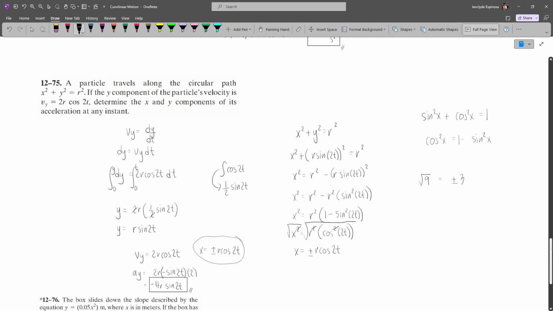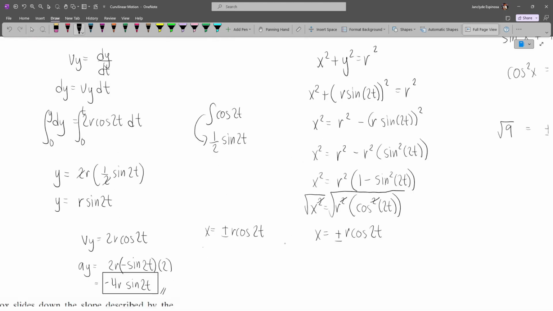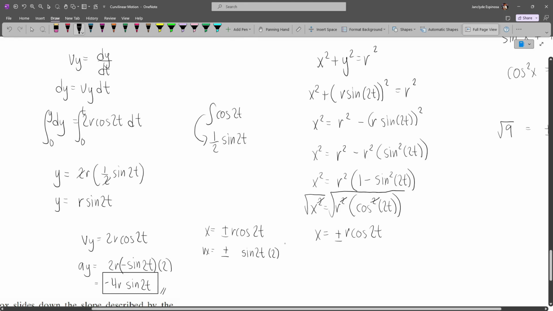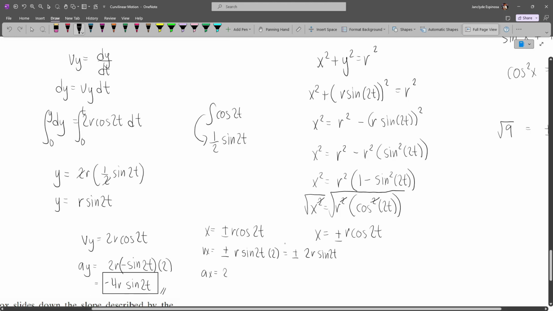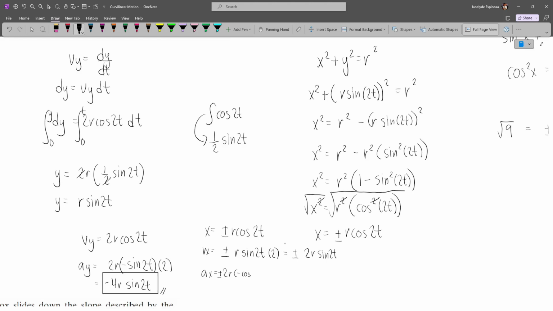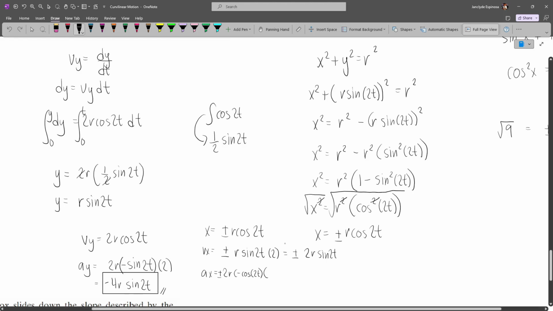And then differentiating x twice, we have vx equals, this will become plus minus, and then cos 2t will become sine 2t, multiplied by 2 because we need to apply the chain rule. So this is now r, so we can simplify this into plus minus 2r sine 2t. And then differentiating once more to get ax, we have 2r, and then sine will become negative cos, but we still have plus minus, so minus cos of 2t, multiplied by the derivative of what's inside.